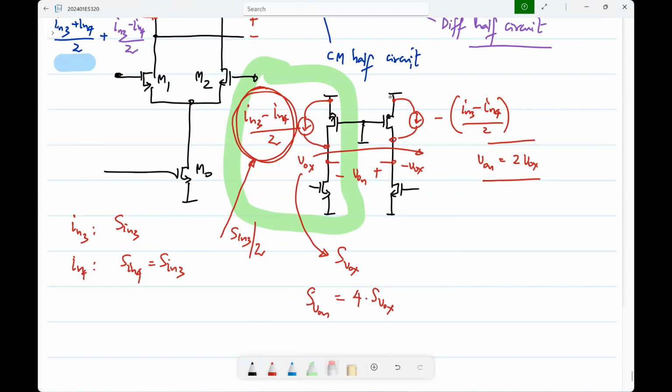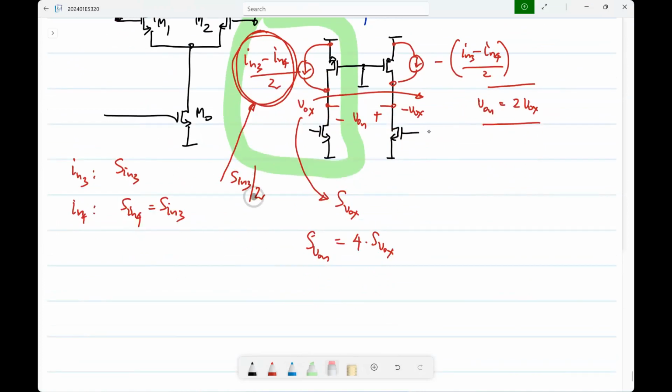Now what you do is the following. You don't have to do all these calculations separately, SIN3 by 2 and then multiply by 4 and so on. You can simply take the differential half circuit M3. These circuits are still linear, right? And you analyze this with whatever noise M3 has, that is SIN3. Okay. And with that, you will get some SVY, let's say.